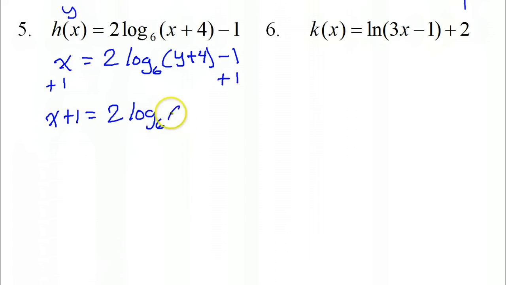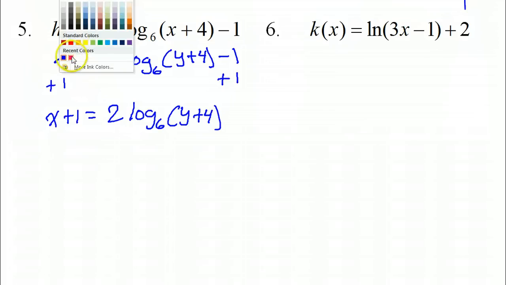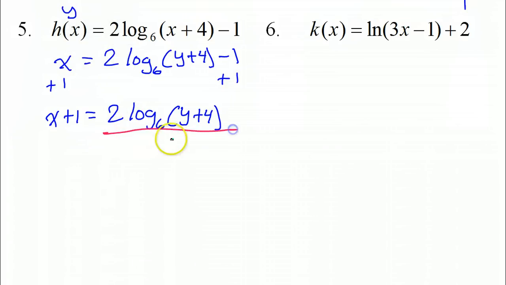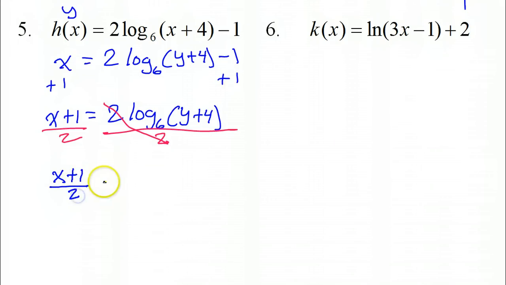Now we need to get rid of this 2. You can do that by just dividing both sides by 2. So that'll give me x plus 1 over 2 is equal to log base 6 of y plus 4.